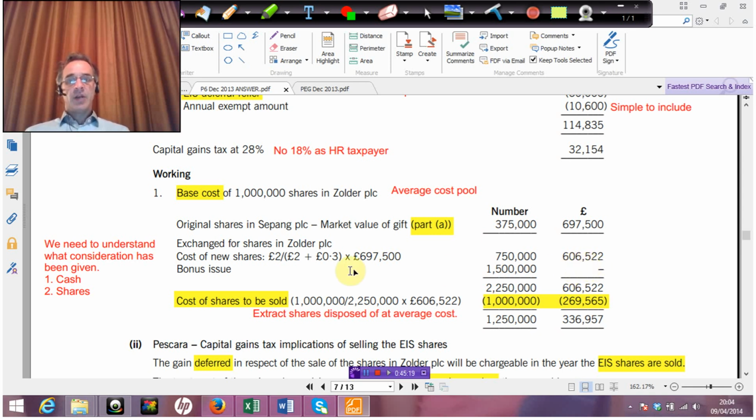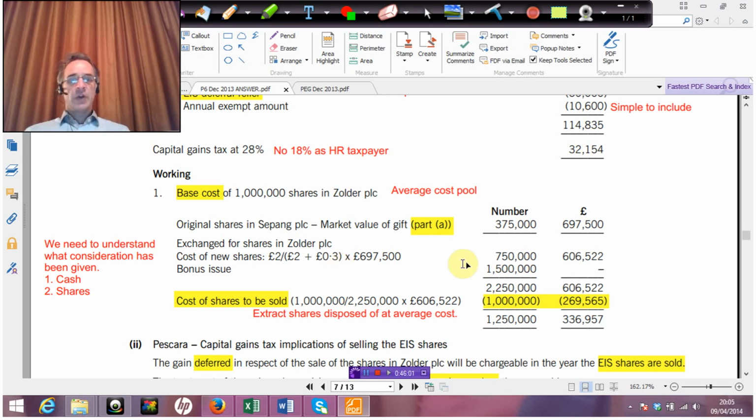You'll see what they've done is they've simply used the part disposal formula, by saying that if each share is worth £1, and we have two of them, then A over A plus B must be 2 over 2 plus 30p. So in effect there is some sort of reduction in the value of the cost here because there's a mini part disposal of what she had up here, because she's receiving this element of cash. There's a mini part disposal.